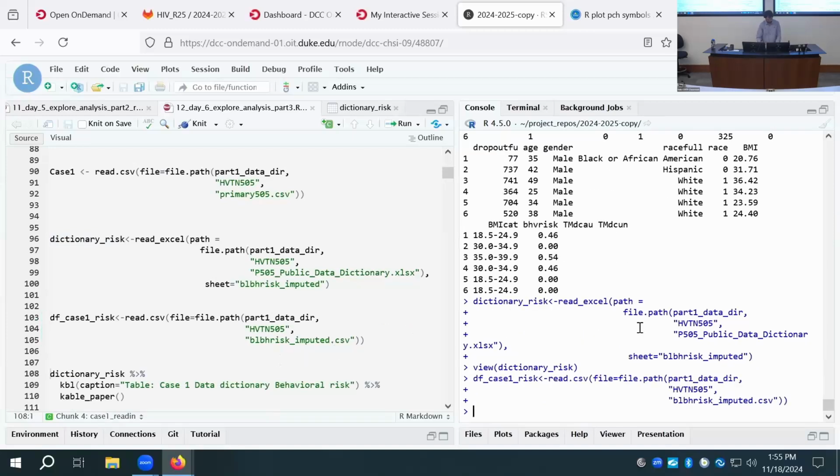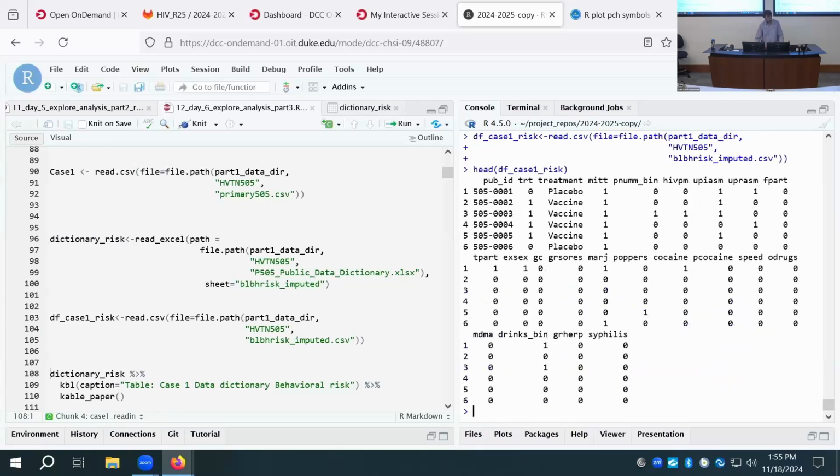So it's going to be this data frame here, case 1 risk. So we can see it has this kind of information, and the risk score I think is in the major file, but you can see it's marked as 1. So this is maybe someone who exchanged sex for money, and so on.